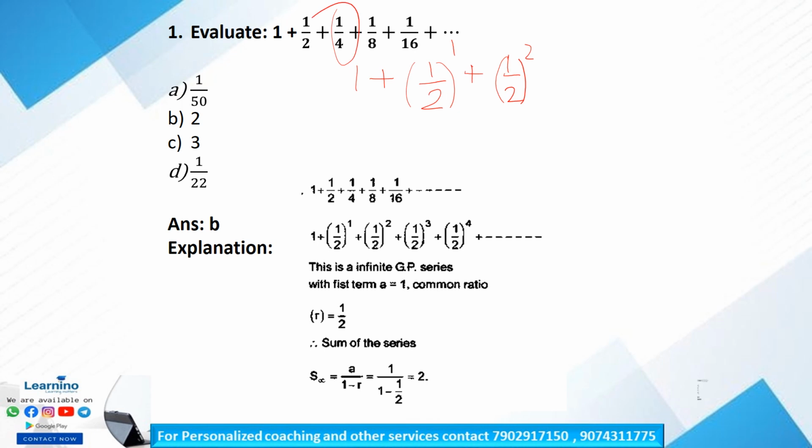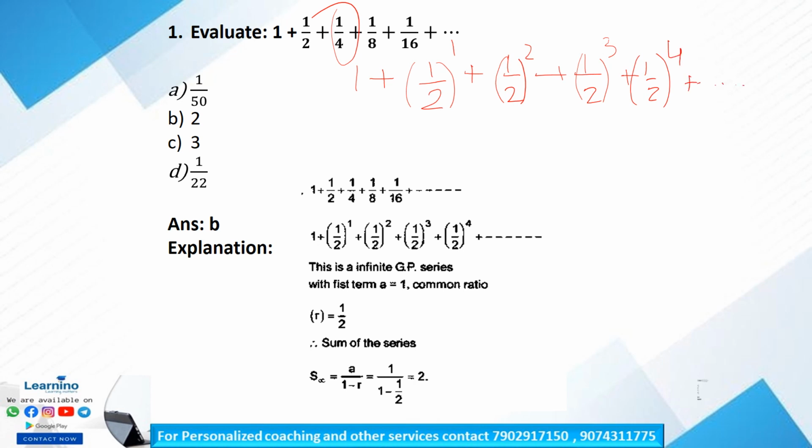In place of 1 by 8 we can write 1 by 2 the whole cube. And in place of 1 by 16 we can write 1 by 2 whole raised to 4.